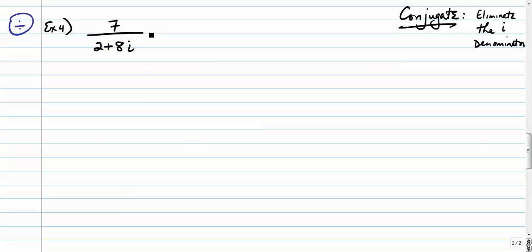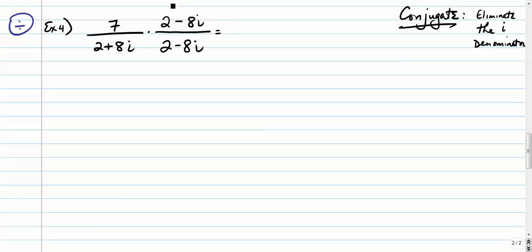A conjugate is defined as, in this case, you keep the real number exactly as it is, and you change the sign of the imaginary component. We're going to multiply top and bottom by the conjugate of the denominator. So the conjugate of the denominator right down here is 2 minus 8i. And the goal of that is to get rid of the imaginary part in the denominator.